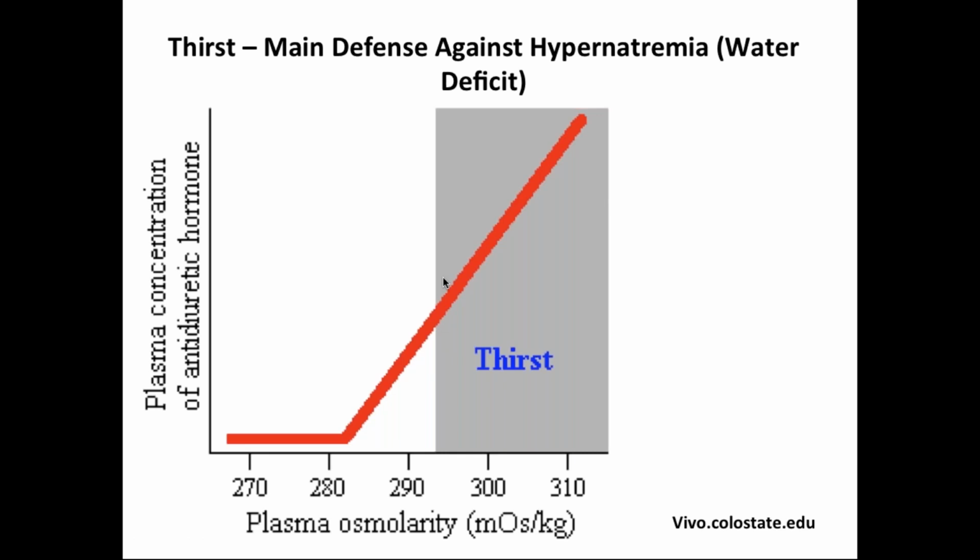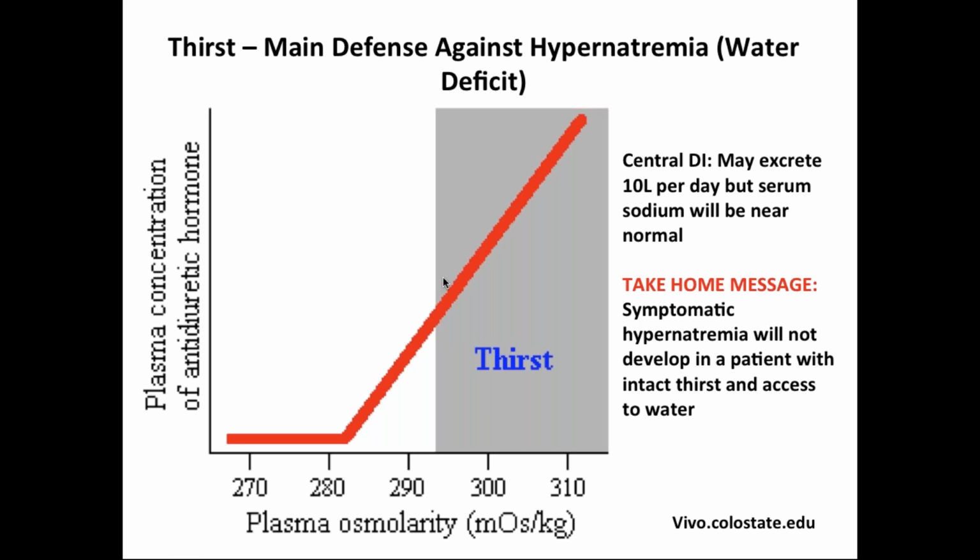However, it is the main defense against hypernatremia, as is seen in patients with central diabetes insipidus, in whom there is absolutely no ADH, and they may be excreting 10 liters of urine in a day, but because thirst is active, they will take in 10 liters and will not become hypernatremic.